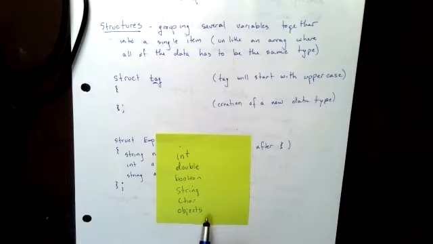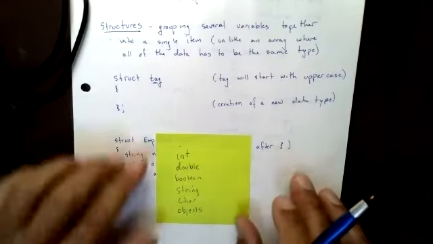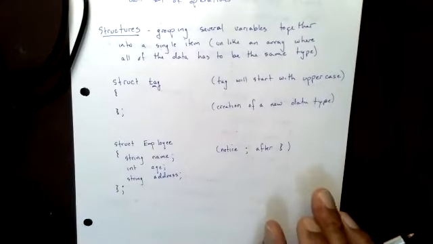Well, today we're going to look at a new data type. Again, it's going to be created by the programmer like an object was, but it's going to be used simply to store a bunch of different data types within it. We don't have all the methods that went along with objects, but it's similar, only storing data.